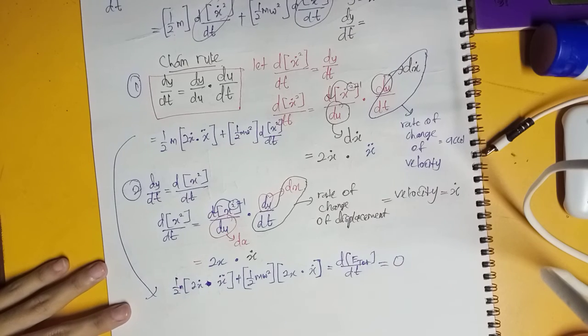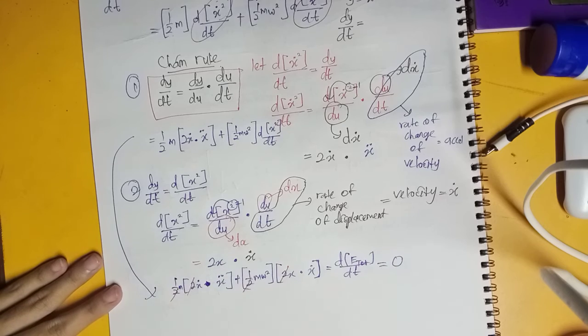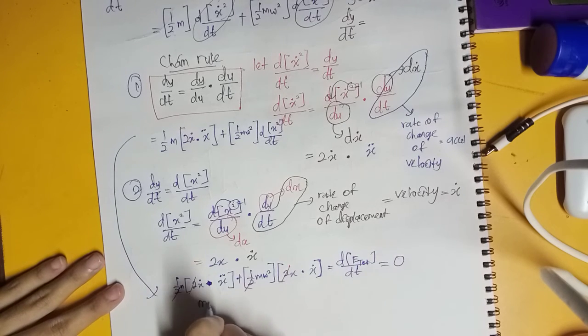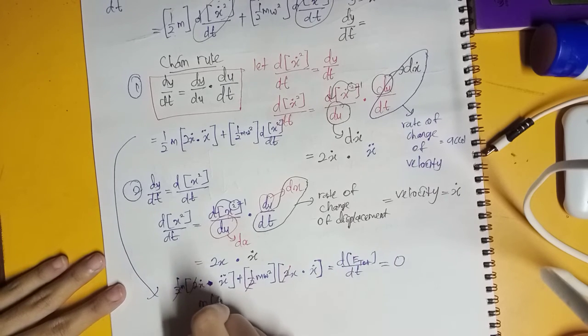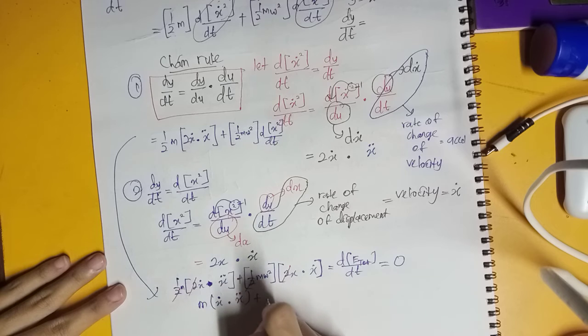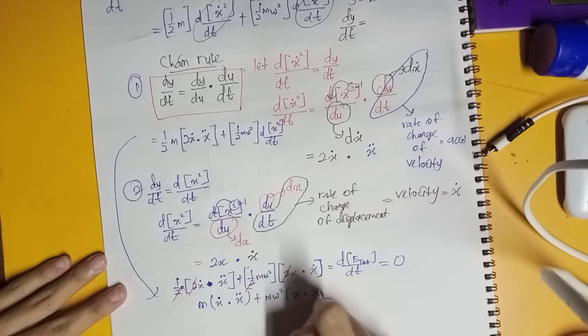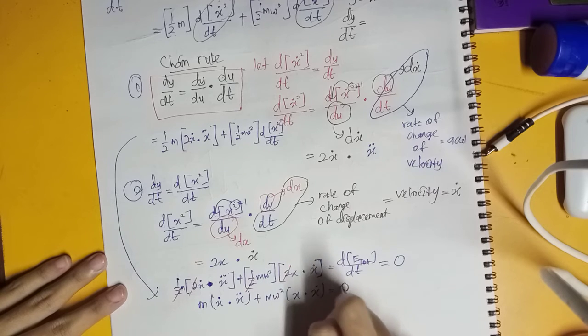So here we can cancel the 2 right here, 2 right here. So finally we get that m times x dot times x double dot, and then plus m omega squared times x times x dot equal to 0.